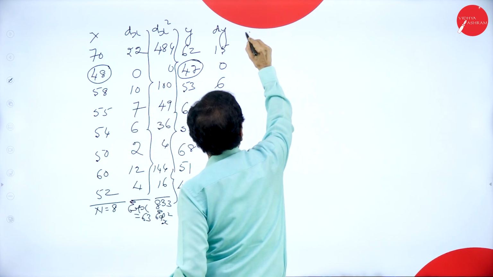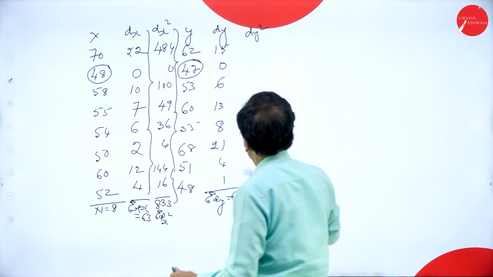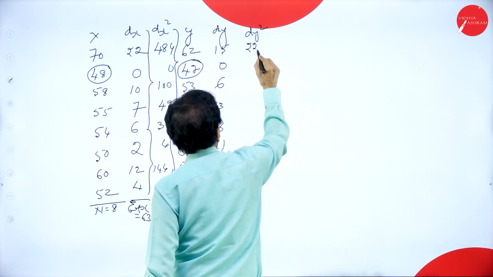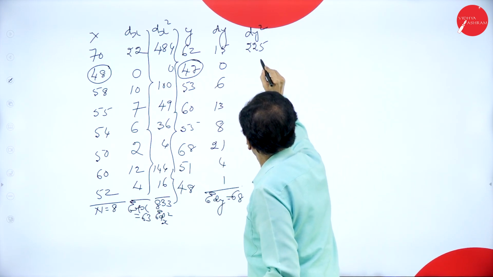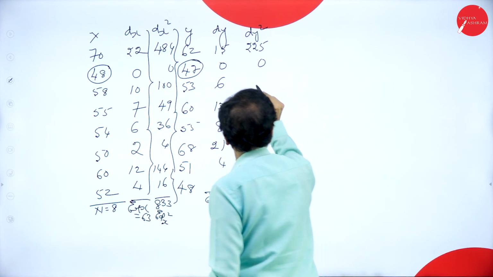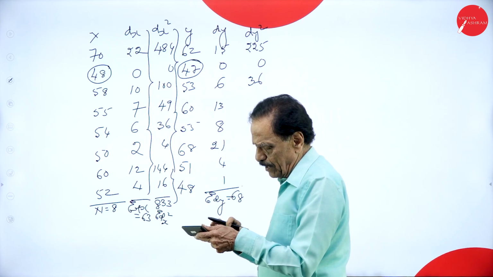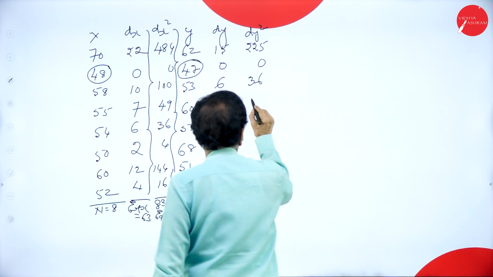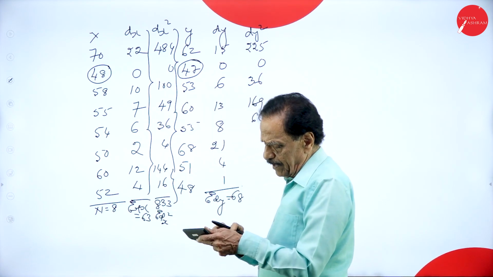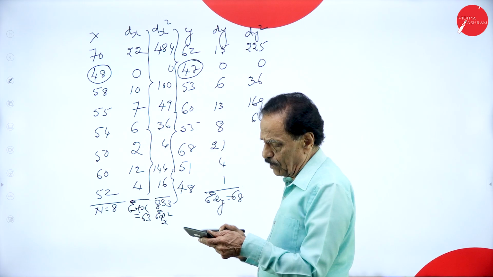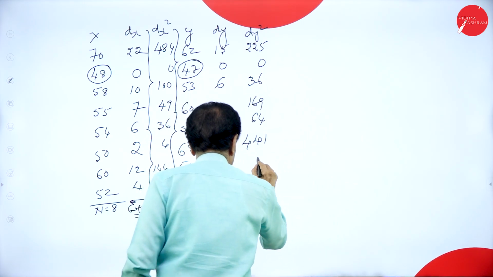Then dy square. 15 into 15 is 225. This is 0. 6 into 6 is 36. 13 into 13 is 169. This is 64. 21 into 21 is equal to 441. This is 16.